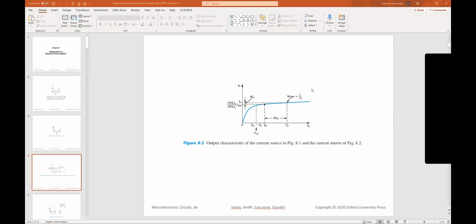Now, you would like that output resistance to be as large as possible so that you can deliver that current to the load, and the slope is as flat as possible. But there's going to be a very small slope, and that's due to the output resistance of the transistor. So that's important to keep in mind.